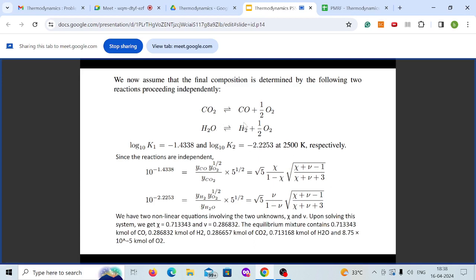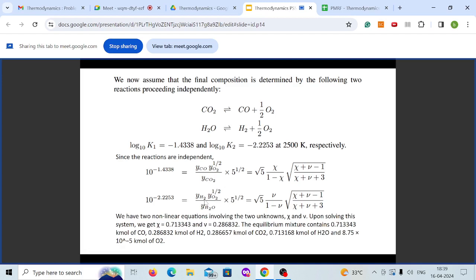Similarly for the second expression, the K value is 10 raised to power minus 2.2253. This is again the mole fraction of products divided by the reactant, into P by P reference raised to the same power. Since you have the same coefficients, you will get this expression similarly.